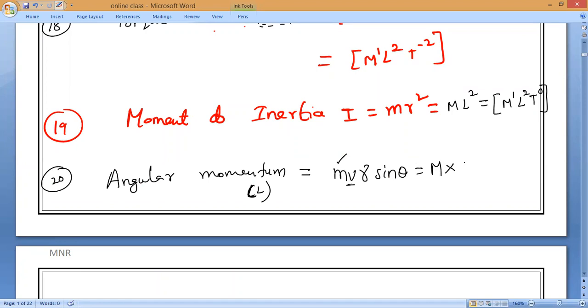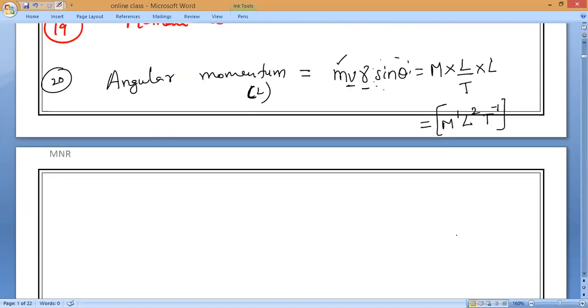Velocity is distance by time, which is L by T. And r means again L only. Sine theta does not have any dimensions as it is constant. So the dimensions will be M¹ L² T⁻¹. That is the dimensions of angular momentum.